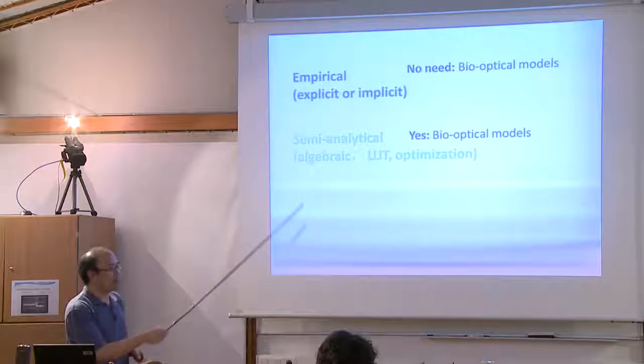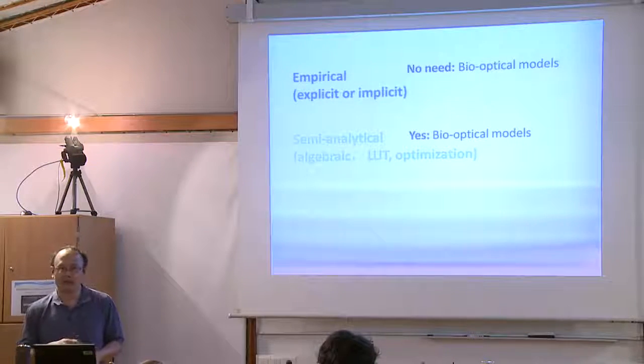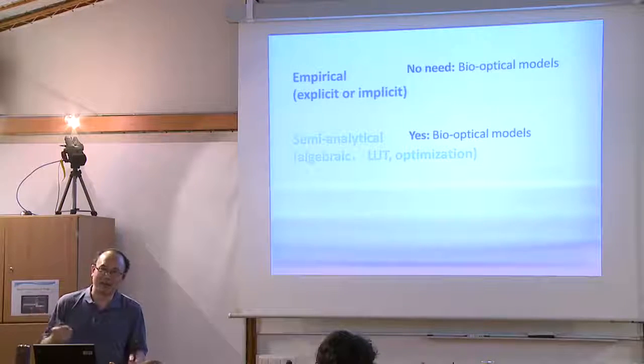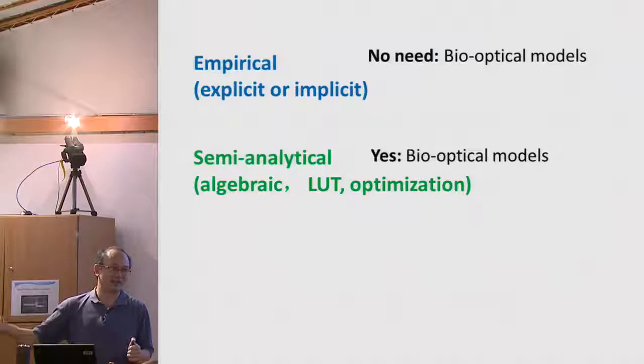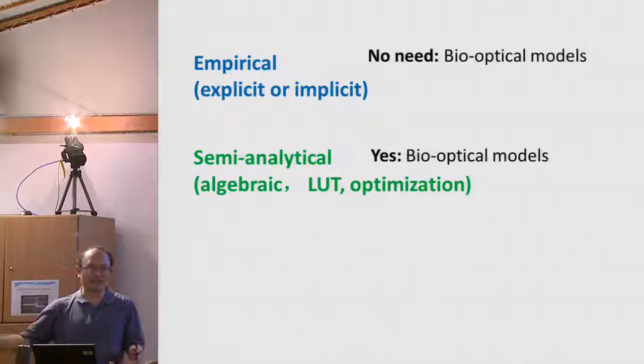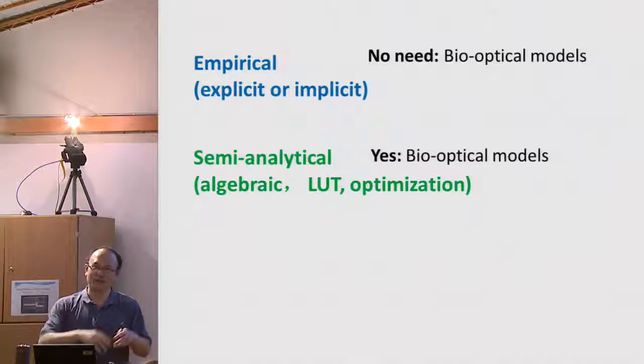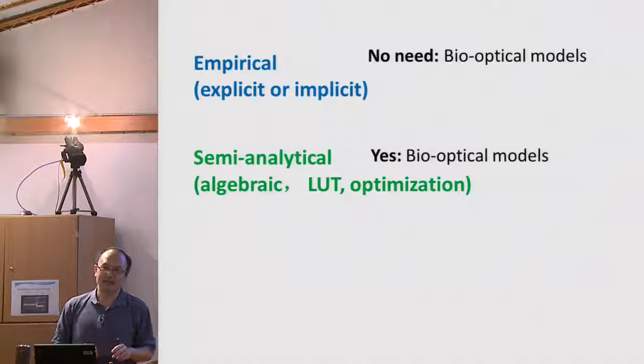Empirical means just go there and collect data, collect chlorophyll or suspended sediment, collect a reflectance spectrum. When you have enough, quote unquote, then you do regressions, and you get an algorithm.